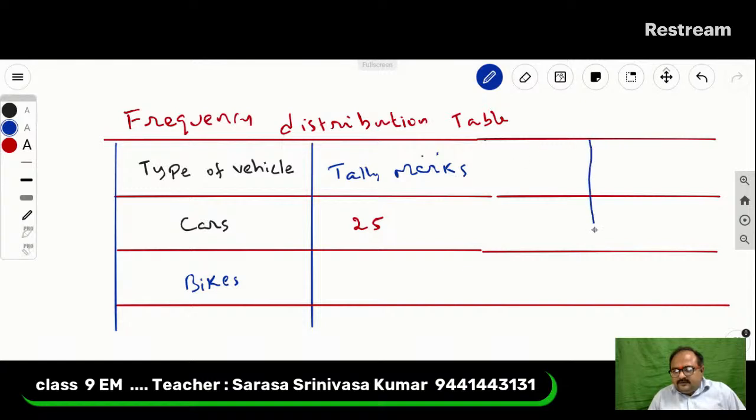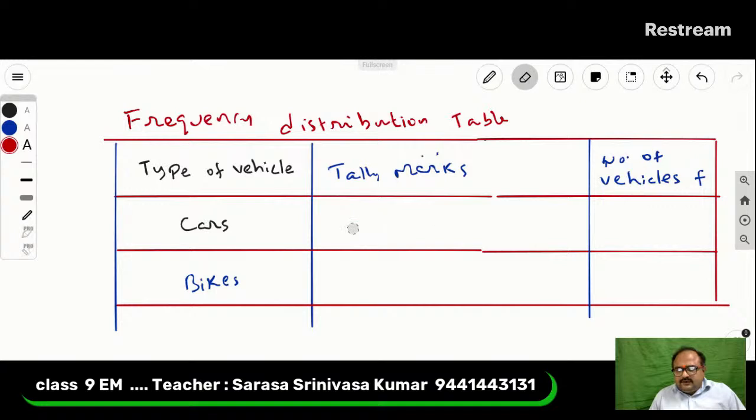And the last column is the number of vehicles, that is the frequency.